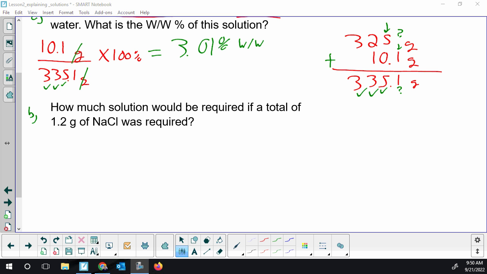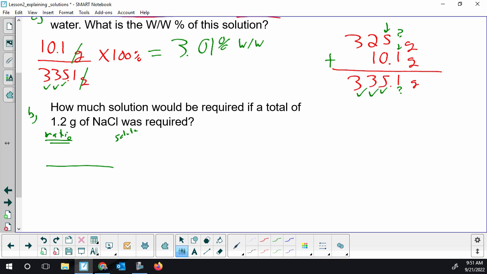So whenever I have to use the concentration, whether it's a percent here or parts per million, parts per billion later, the first thing I'm going to do is take the percent and kind of undo it, or take the concentration and turn it back into a ratio. That ratio is going to be solute divided by total.